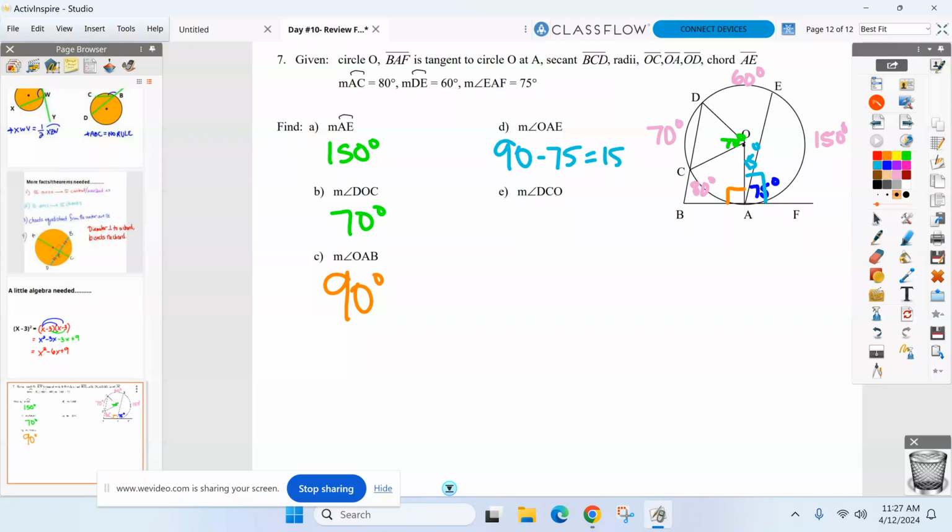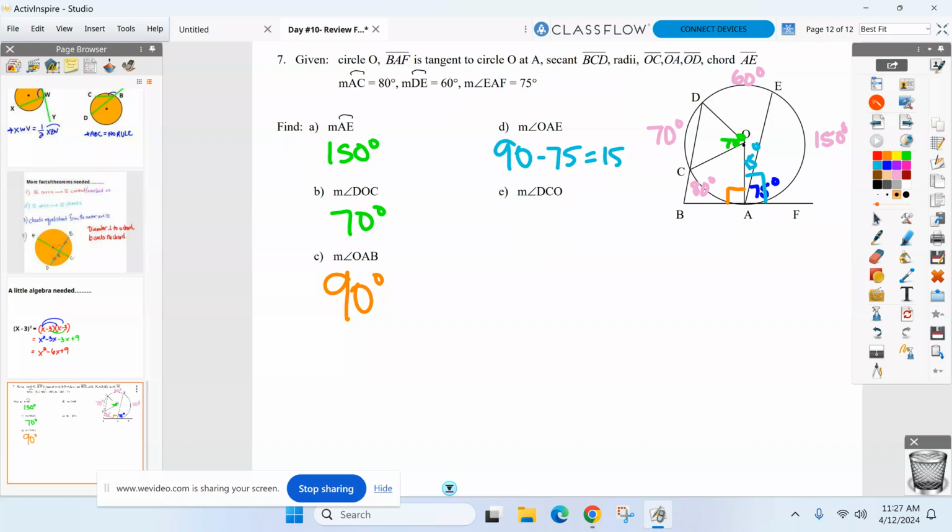Keep looking. DCO. How do I find it? It's not supplementary to anything either. Well, I guess it is, but I'm not going to find that angle it's supplementary to. Anybody see anything on this diagram that lead me to DCO?